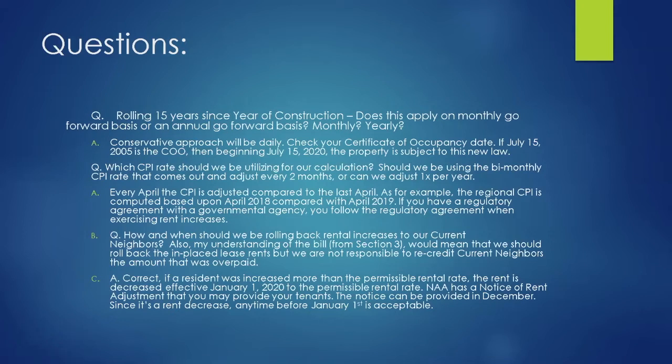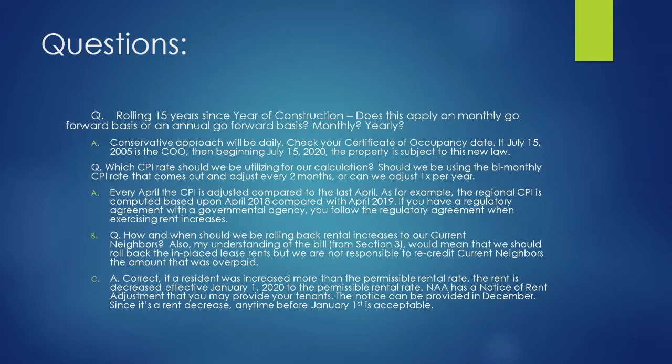One question is, rolling 15 years since year of construction, does this apply on a monthly go-forward basis or an annual go-forward basis, monthly, yearly? I think your conservative approach is going to be a daily. So if your certificate of occupancy was July 15th of 2005, then beginning July 15th, 2020, the property is going to be subject to this new law.